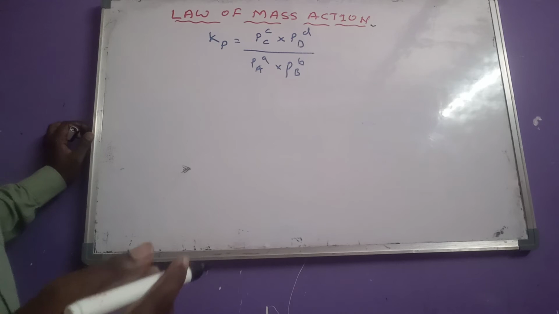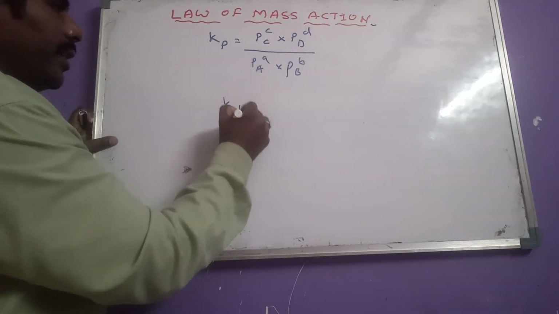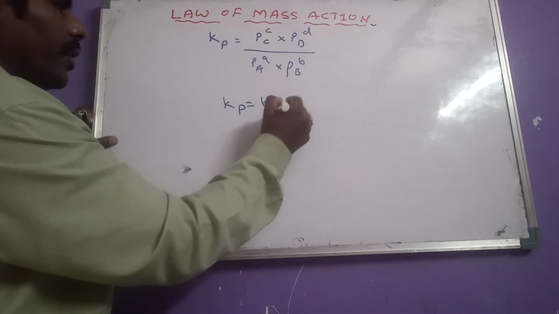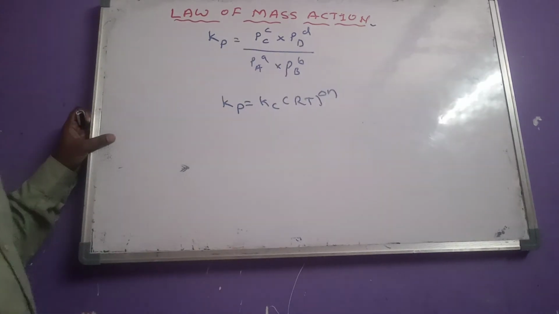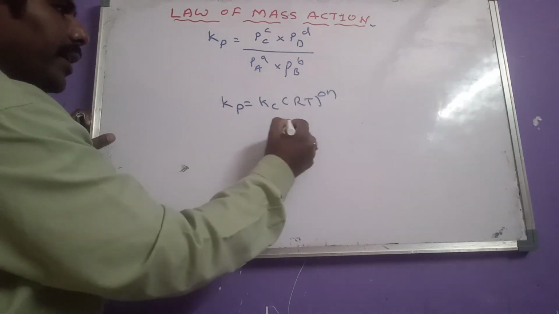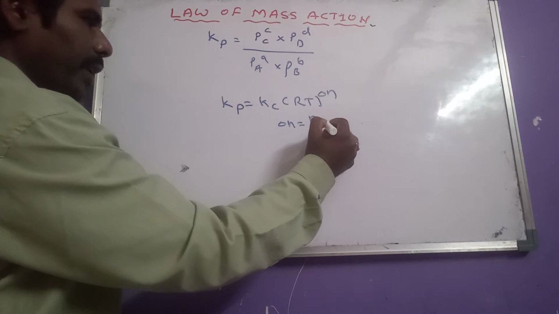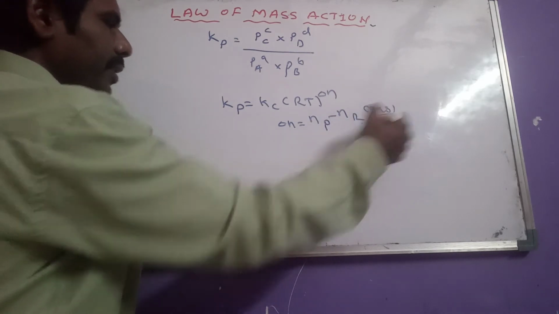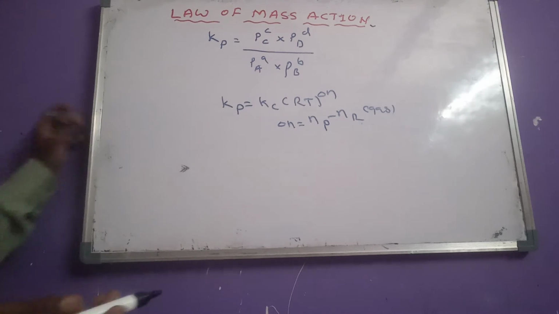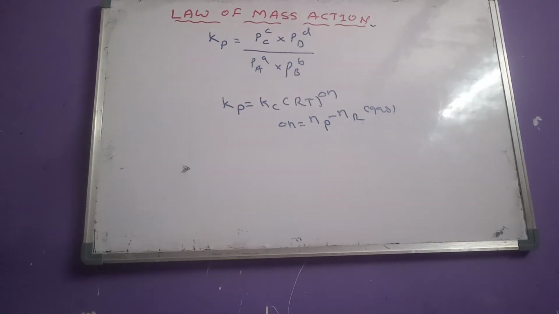Kp equals Kc into RT to the power delta N. Again, delta N means number of gaseous products minus number of gaseous reactants, as usual in the previous case. Delta N we have to calculate like this.